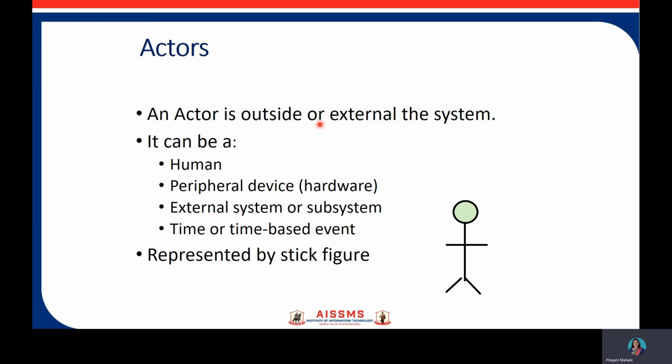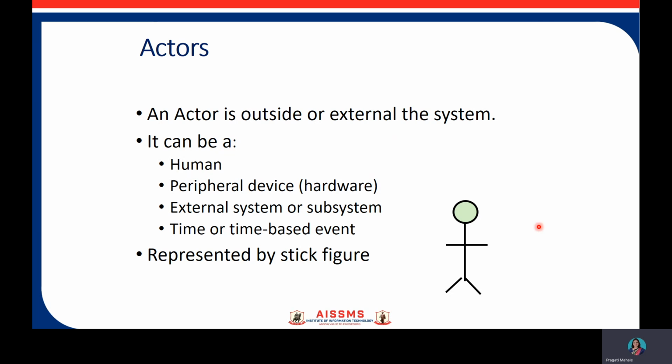So the actor is outside or external to the system. The actor can be a human, it can be a peripheral device, that is the hardware, it could be an external system or some other subsystem, it could be some signal, it could be a time or a time-based event.